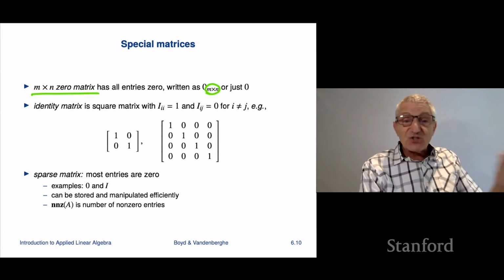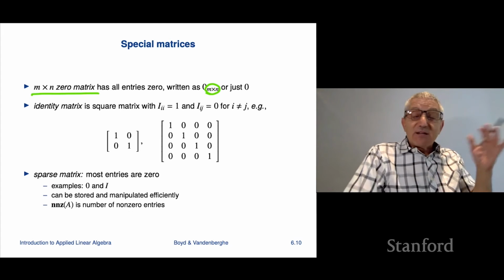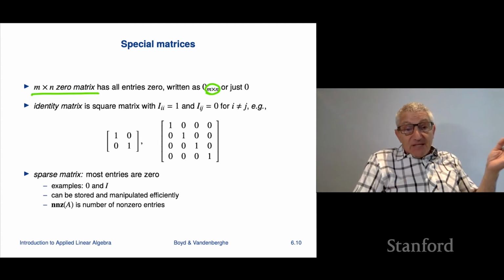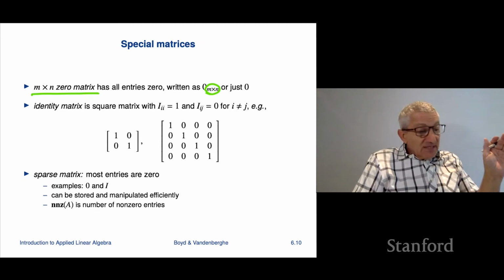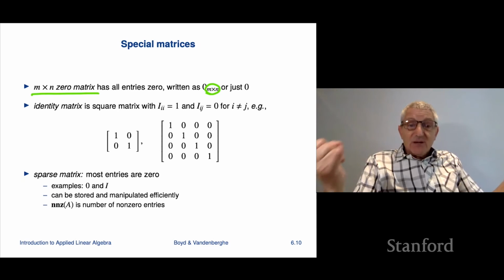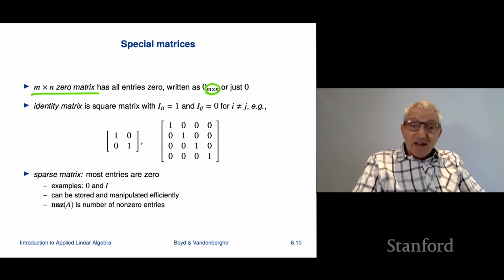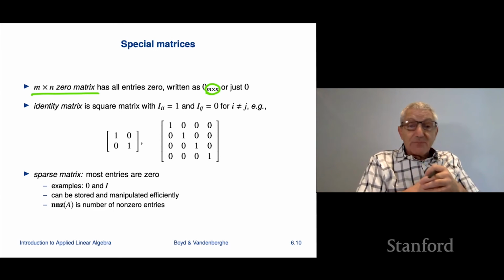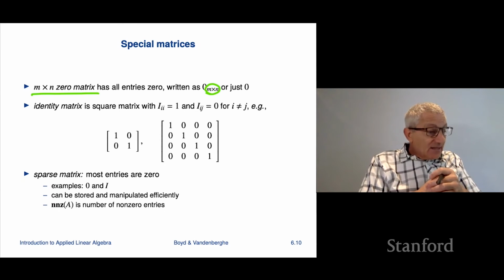Otherwise, you just write it as 0. Same way we write the 0 vector. So this is highly overloaded notation. When you have 0, it could be the 0 number, it could be the 0 vector, or it could be the 0 matrix. It's your job to find out which is meant. Okay, so that's kind of the idea.